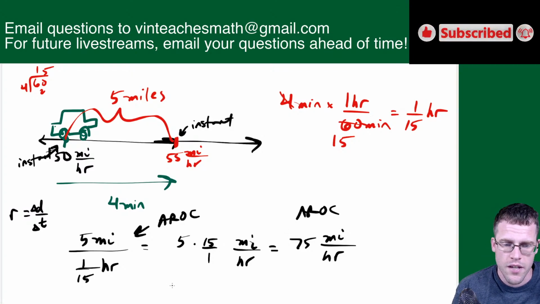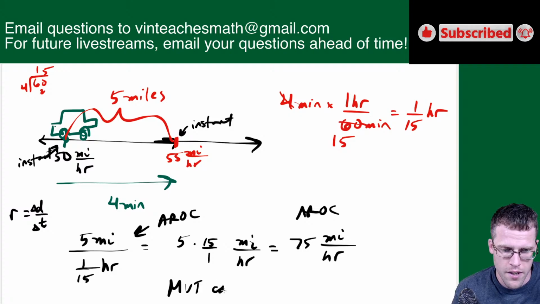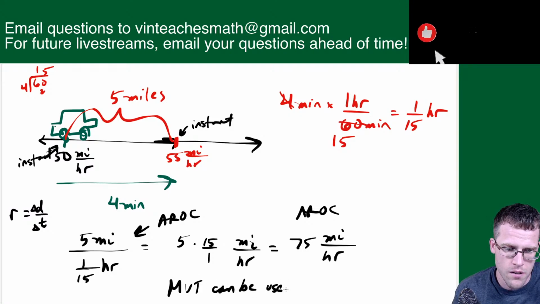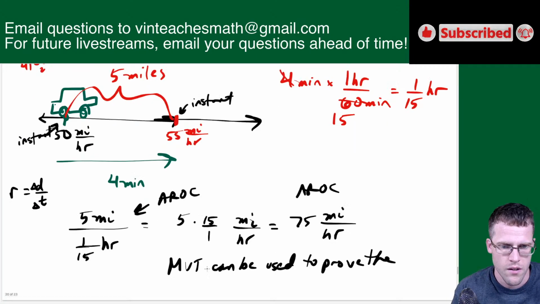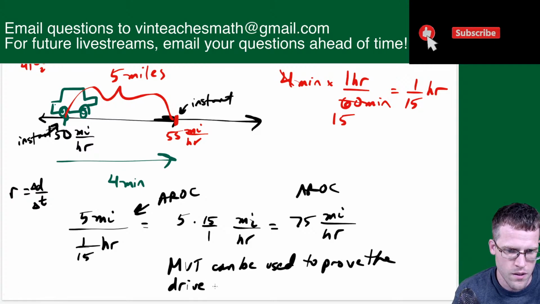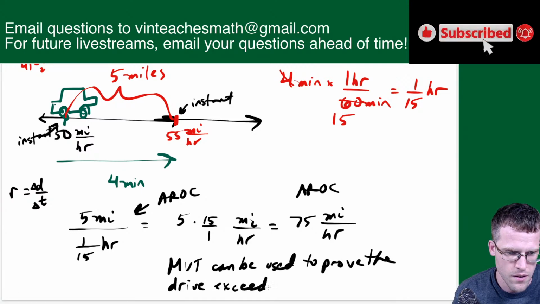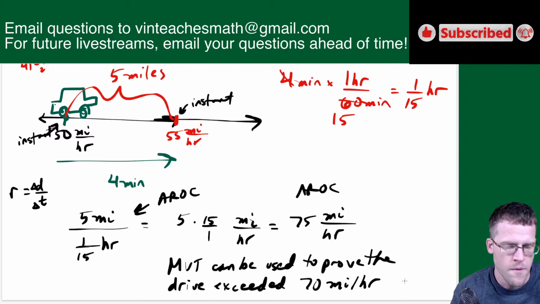So I would say here that MVT can be used to prove the driver exceeded 70 miles per hour.